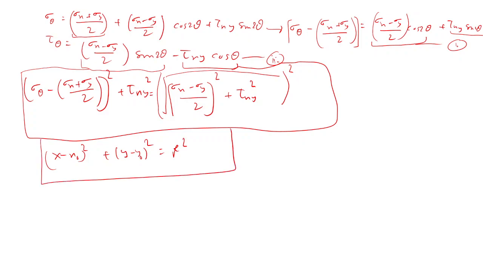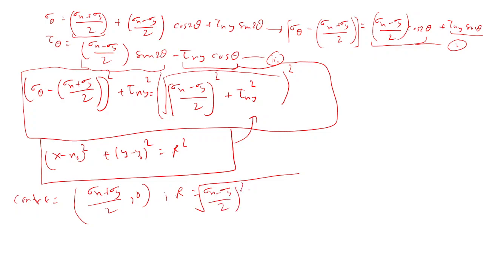It is in the form of a circle, with the center at (sigma x plus sigma y) by 2, comma 0, and radius R, the square root of (sigma x minus sigma y) by 2 whole square plus tau xy square. What is this? Tau max, right? So now we are able to draw a circle.